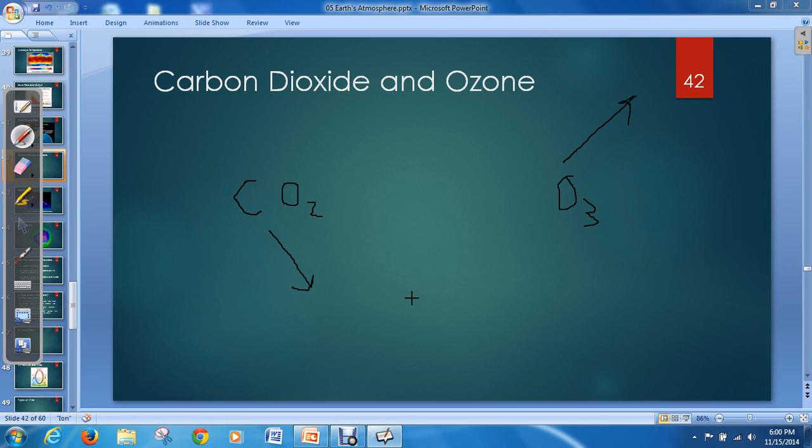But historically, and even presently, we have not been the best at making sure these gases are balanced in the atmosphere. We're going to ignore CO2 for a second. We're going to talk more about carbon dioxide when we get to climates. But let's talk about ozone, O3.